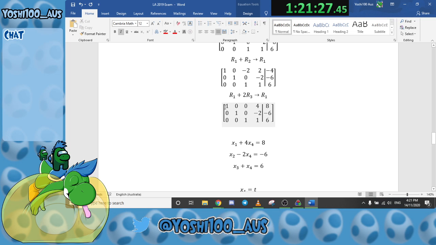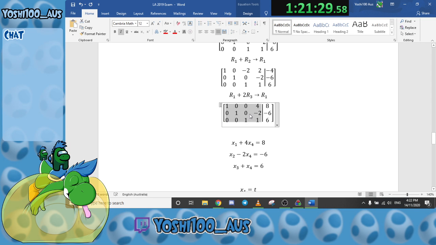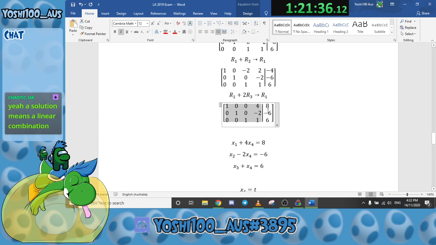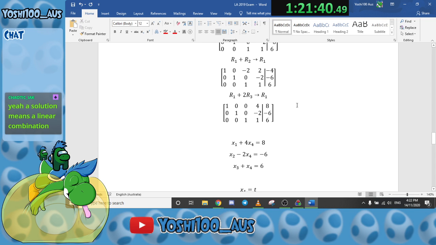Oh yeah, of course. Because these first three vectors are linearly independent, which means that you can also say that, so that you can reach any point in the plane, regardless.